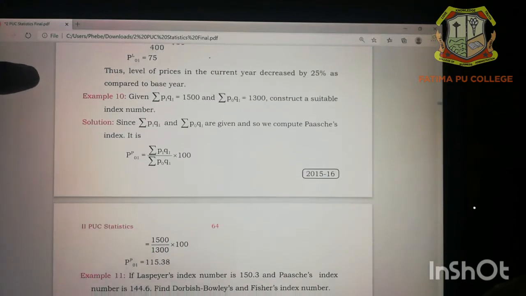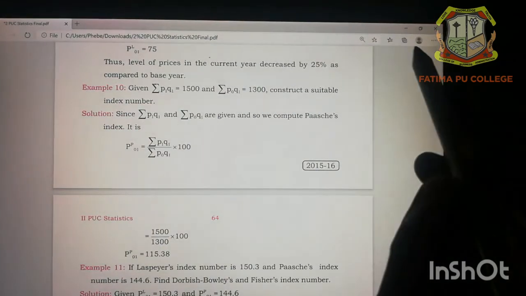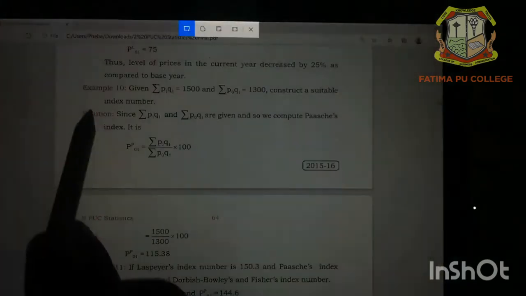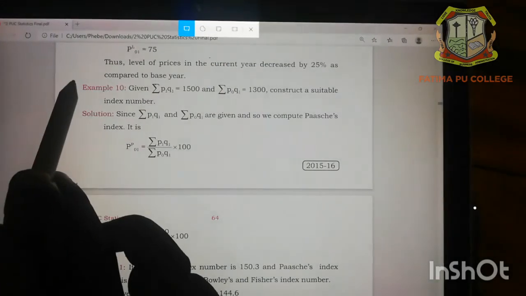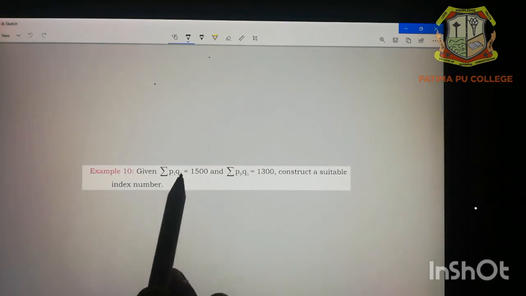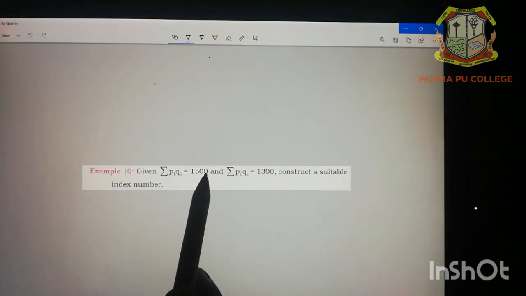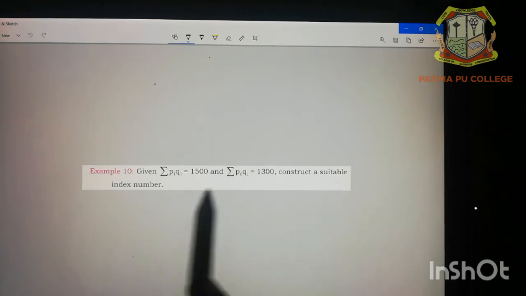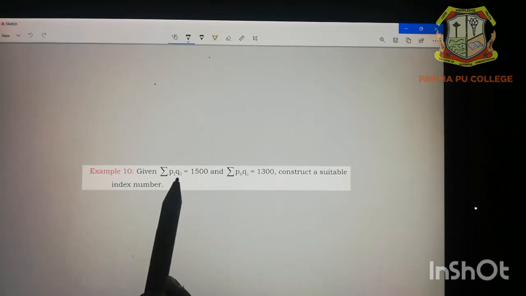Okay, we will take the next problem. Given summation P1 Q1 is equal to 1500 and summation P0 Q1 is equal to 1300, construct a suitable index number. Again you see Q1 is common in both. Which is the index number where they use current year quantities as weights?